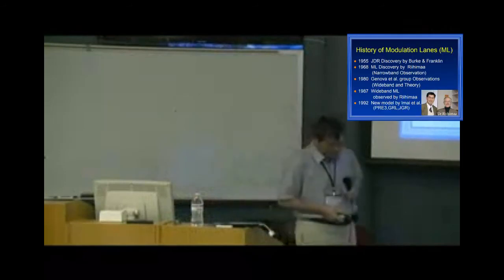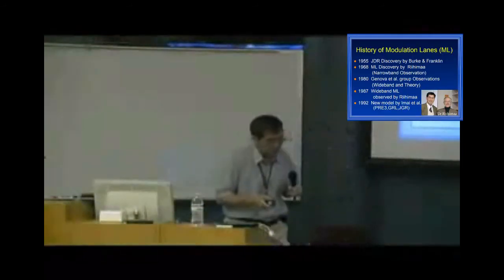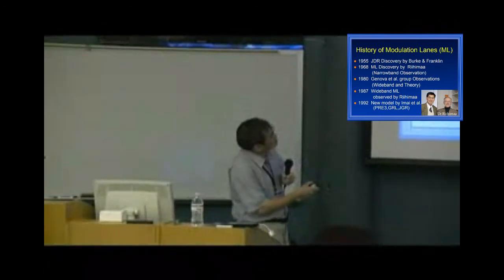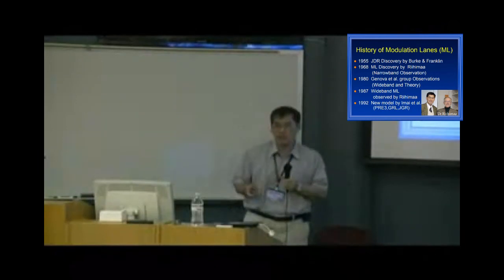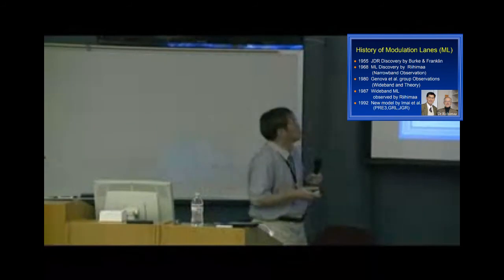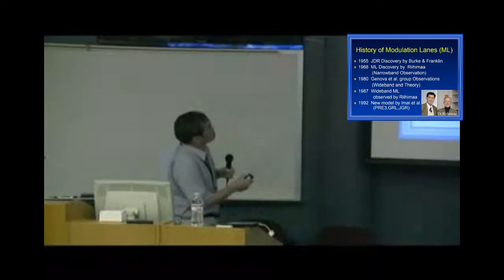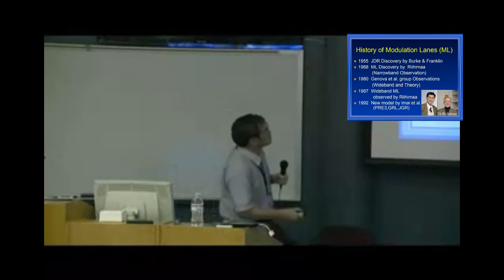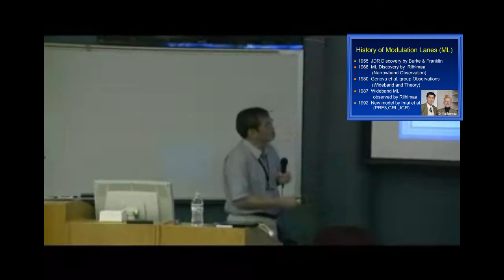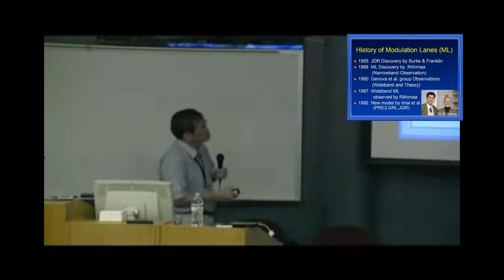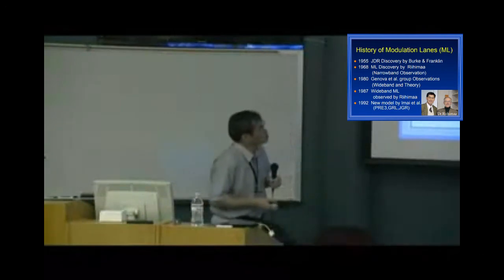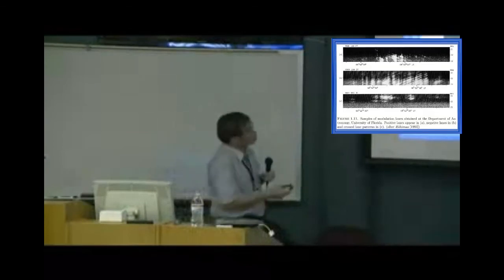Okay, so during my stay in Florida, I did some research about modulation lanes, because no one had explained the origin of modulation lanes. Modulation lanes were discovered by Dr. Riihimaa. And I made a new model to explain the origin of modulation lanes in 1992, based on the Florida research.